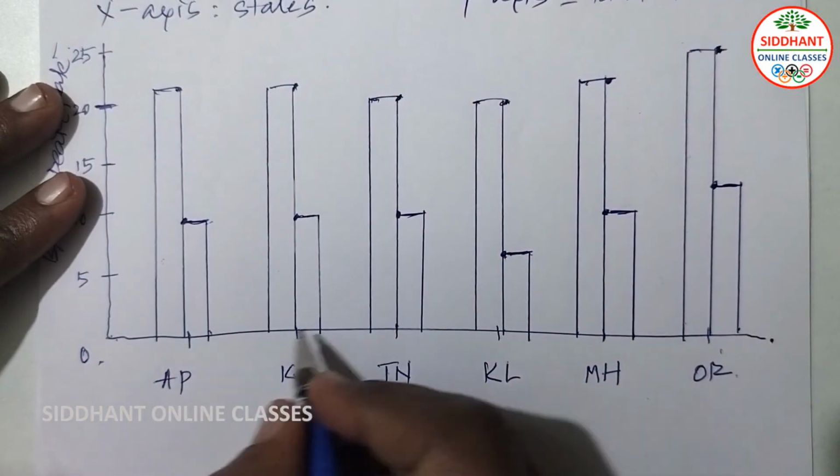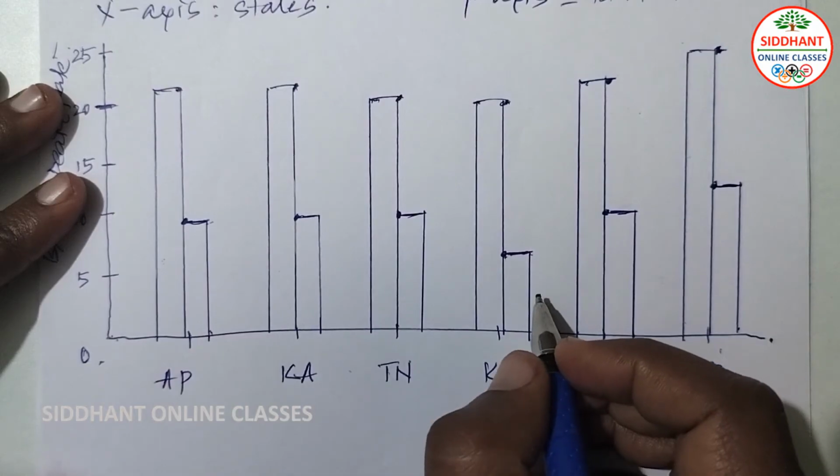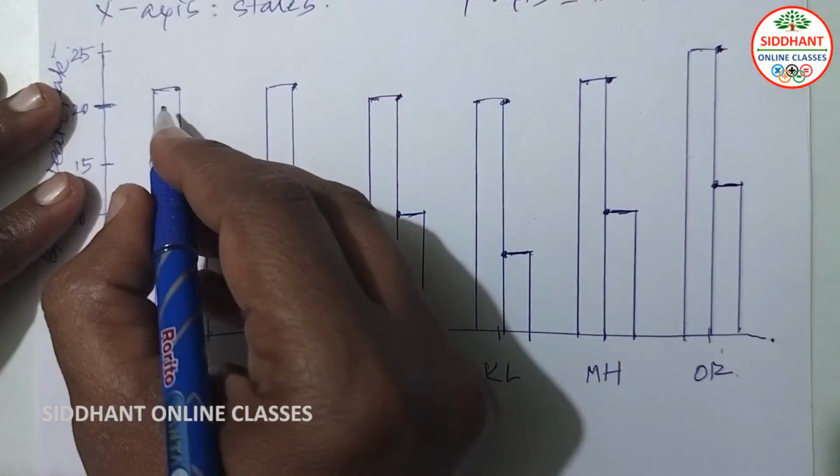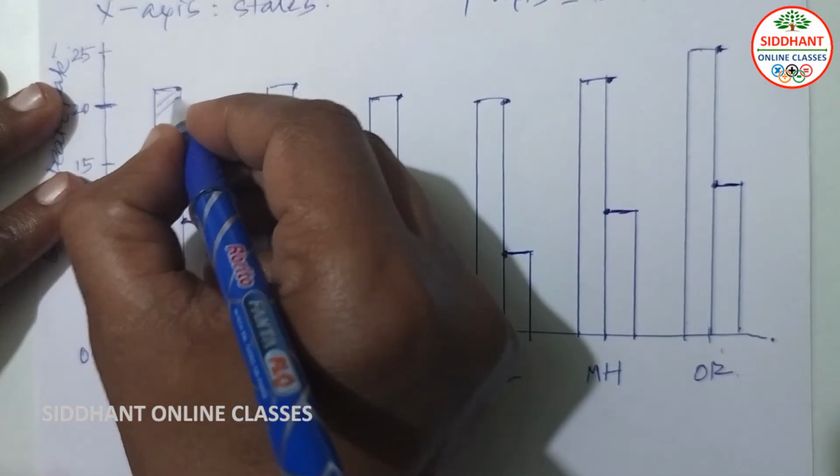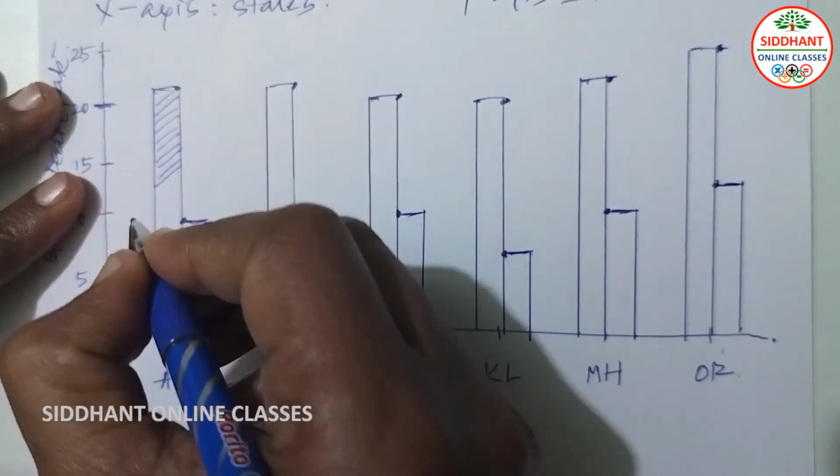So one is birth rate, another is death rate. So in order to differentiate, you shade the birth rates here. So birth rate we are going to shade.